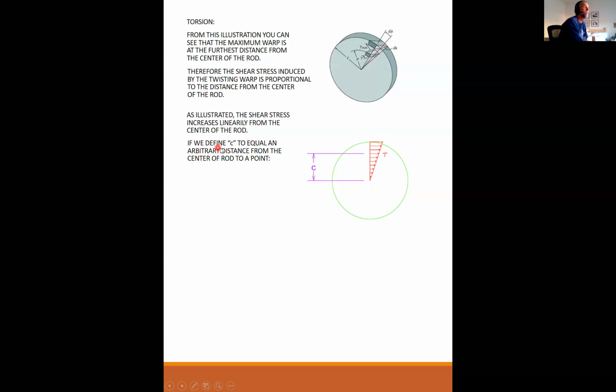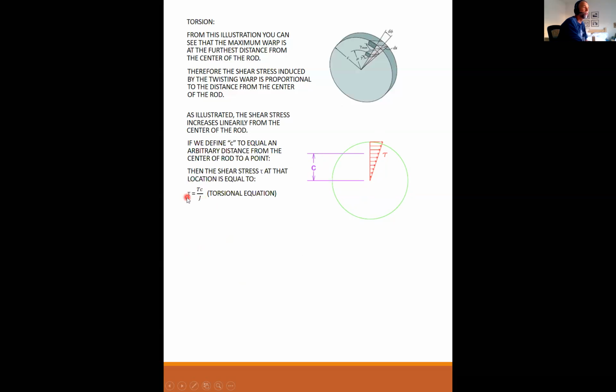So if we define C to be equal to an arbitrary distance from the center of the rod to a point, any point along here, then the shearing stress tau, remember tau represents a shear stress, at that location is equal to the applied torque T times C, where C is the distance from the center to the point of concern, divided by this J. And this is known as the torsional equation.